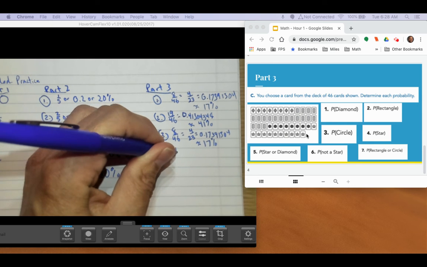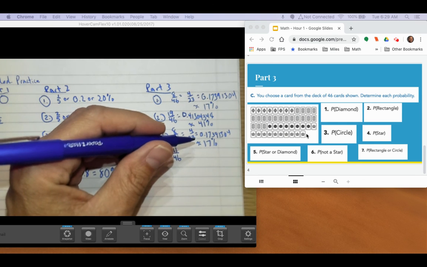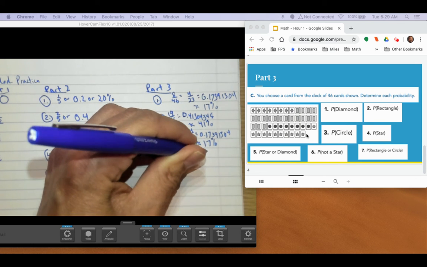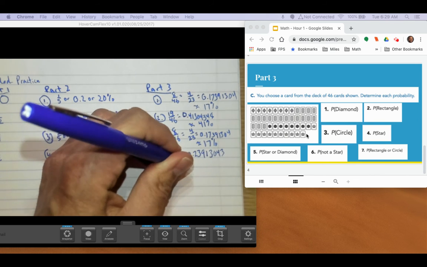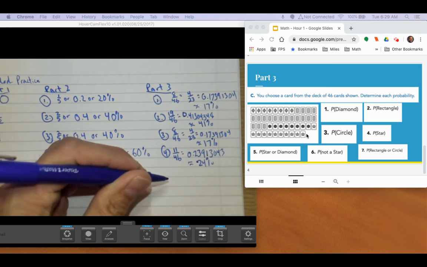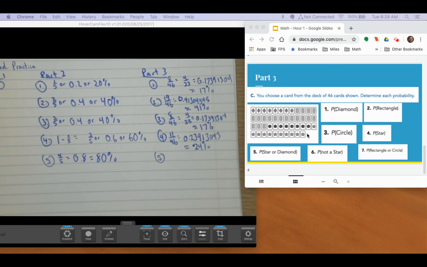Probability of getting a star is 11 out of 46, which is 0.23913043, or about 24%. Pause it, do number 5, then come back. All right, a star or a diamond.